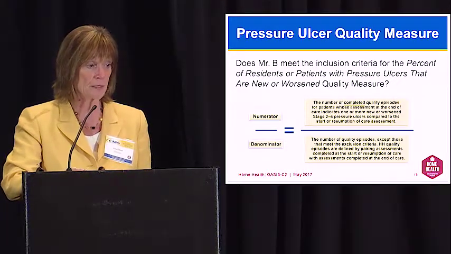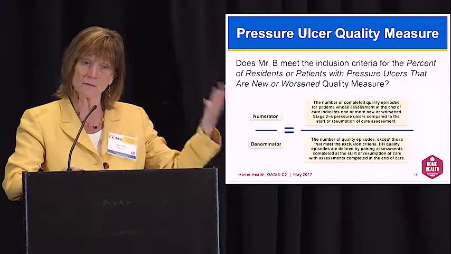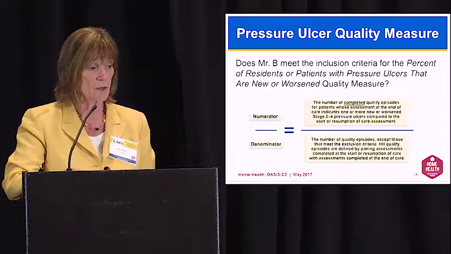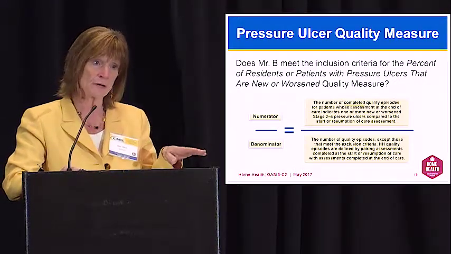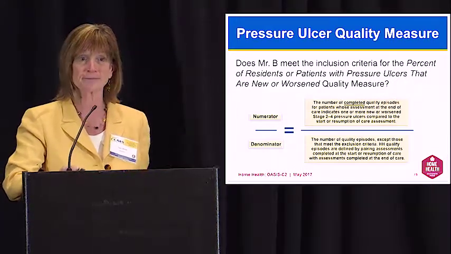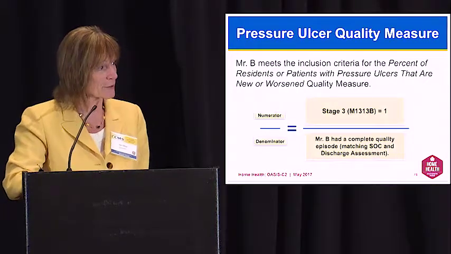So for Mr. B, do you feel that his case, his scenario that we've gone through, would meet the criteria for that numerator? If you think yes, raise your hand. Excellent. And yes, we would agree with you.